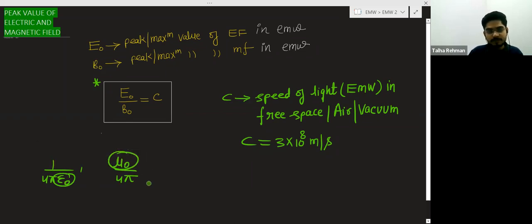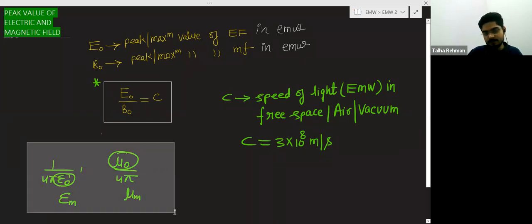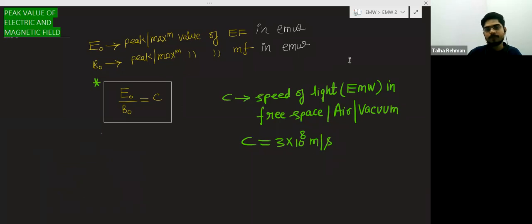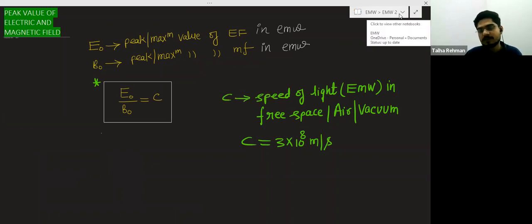And for a medium, we can write epsilon m, the permittivity of the medium, and mu m, the permeability of the medium. So there is a relation between the speed of light and the permittivity and permeability of the medium or free space.